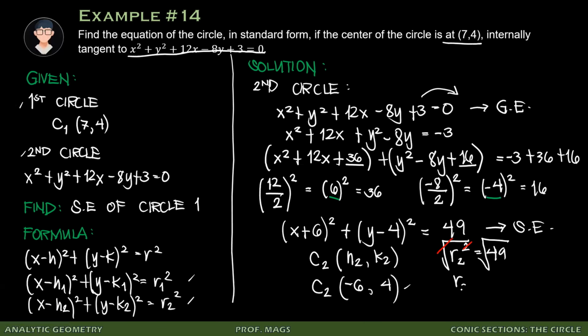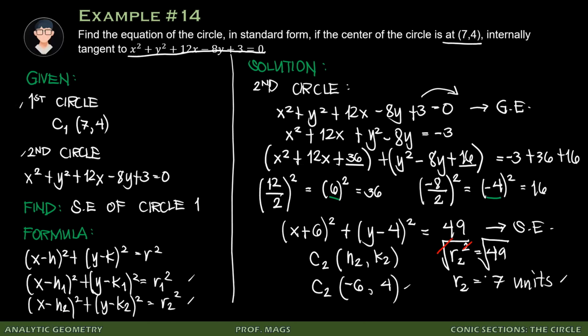So r sub 2 is equal to the square root of 49. And the square root of 49 is 7. Don't forget the word units since wala naman tayong given na units such as meters, centimeters, feet, di ba? Na nakalagay. That is for generalization of units. Okay? So, meron na tayong center ng circle number 2. And we also have the radius of circle number 2.